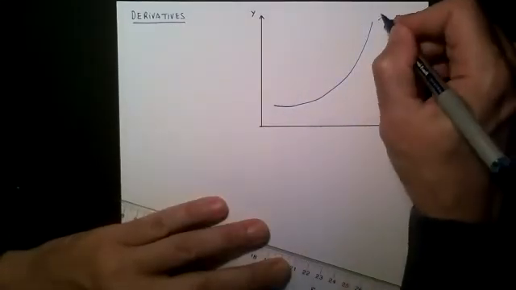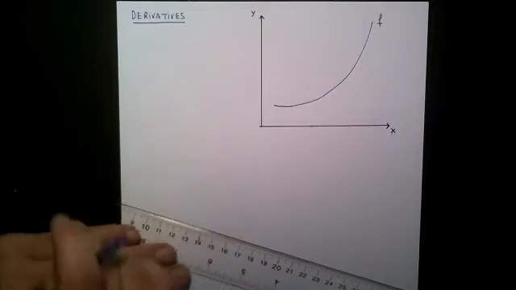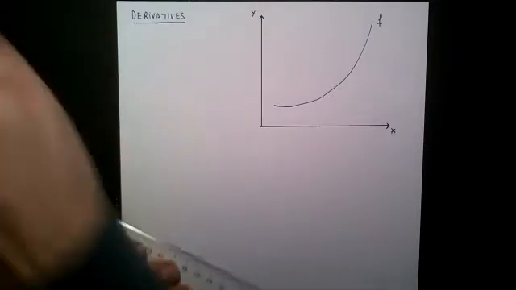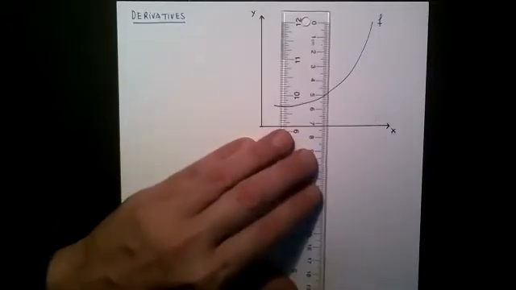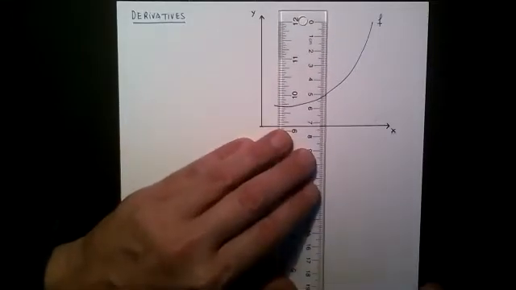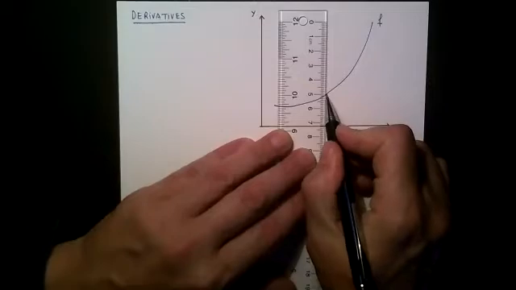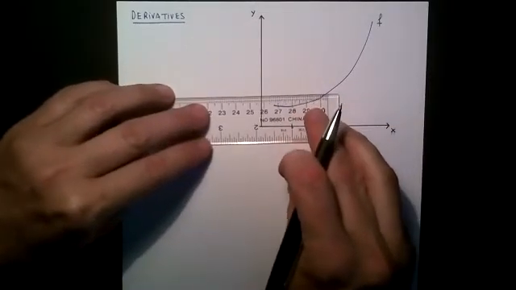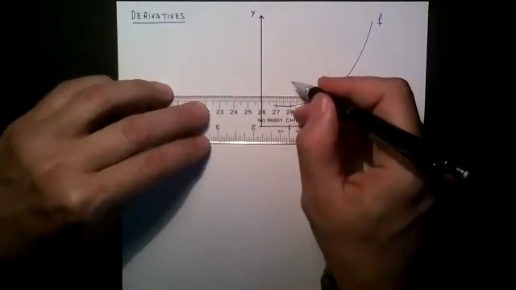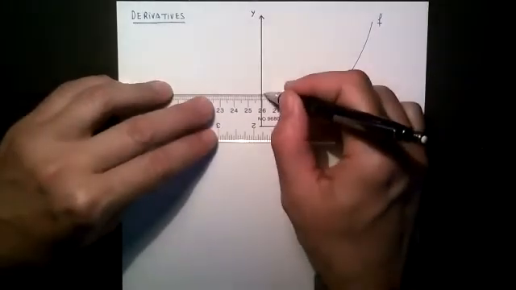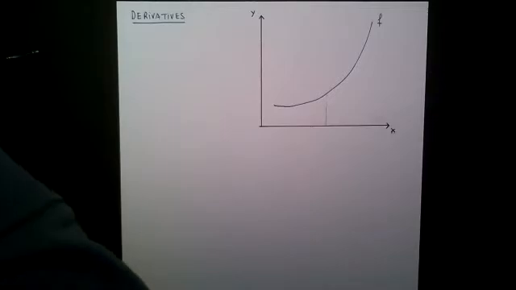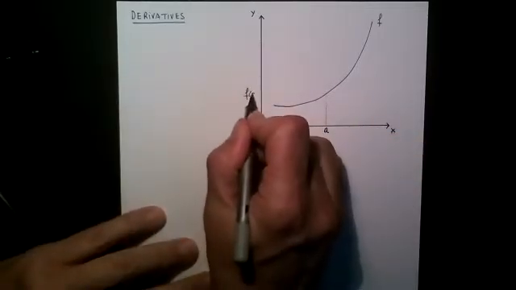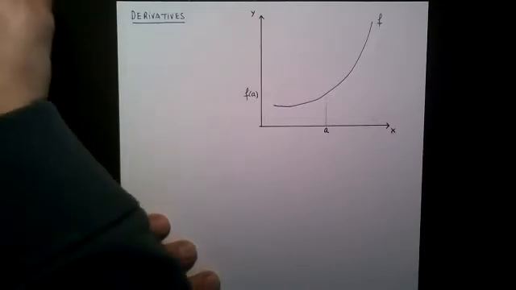Here's a function f. Okay, any function. And I'm going to take a random point here on my function, on the graph. So let's say A, and this is f of A. Okay.